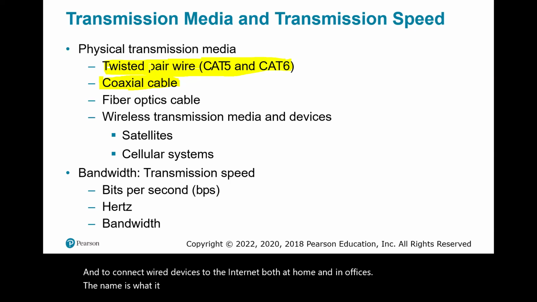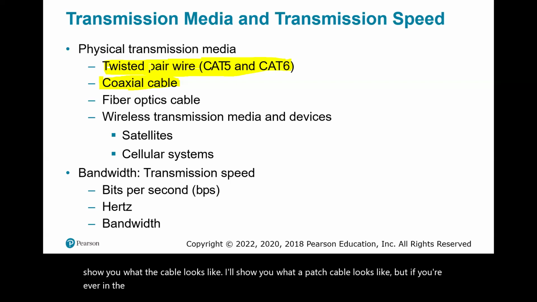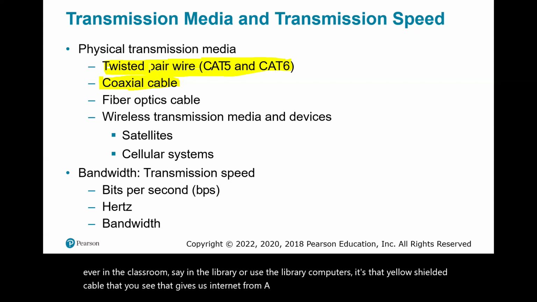It has 8 wires in pairs twisted together, and I'll show you what the cable looks like. I'll show you what a patch cable looks like. But if you're ever in the library and use the library computers, it's that yellow shielded cable that you see. That gives us internet from a switch in the library.